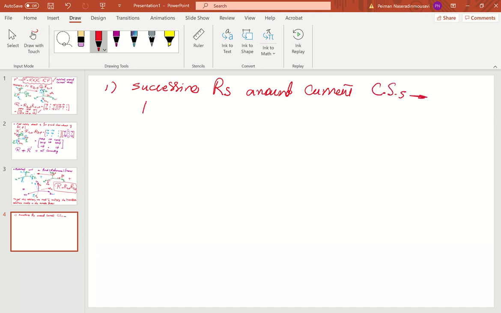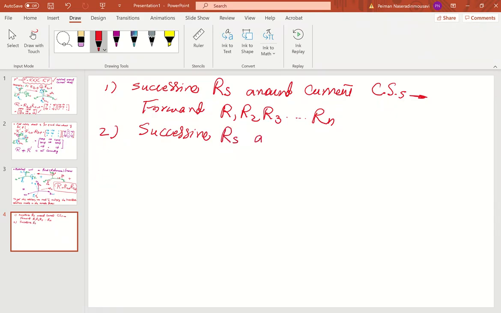We have to do forward: R1 multiplied by R2 multiplied by R3 up to Rn. Two: successive rotations around a fixed coordinate system or frame. You have reverse.